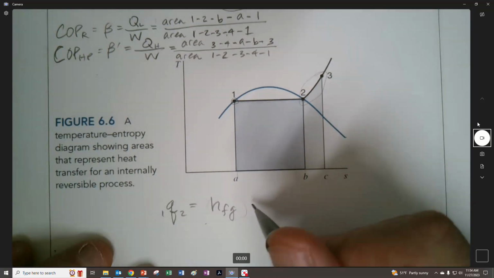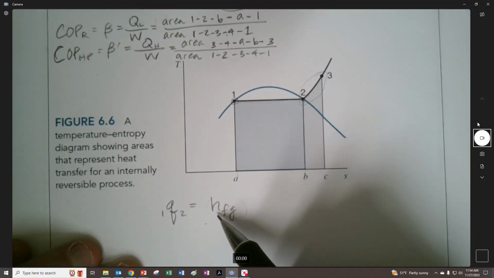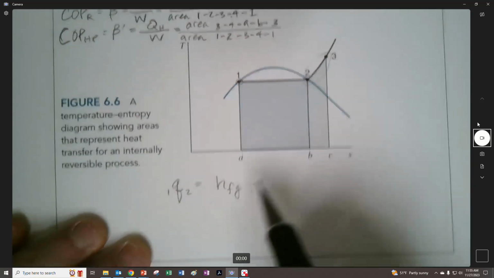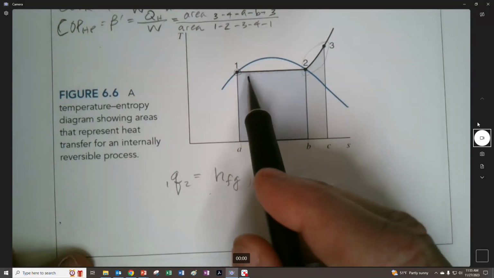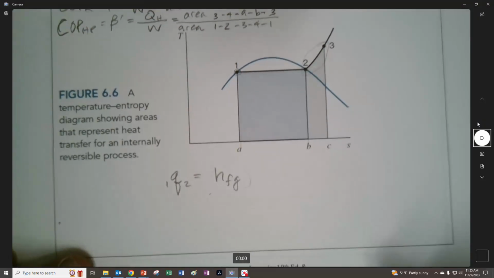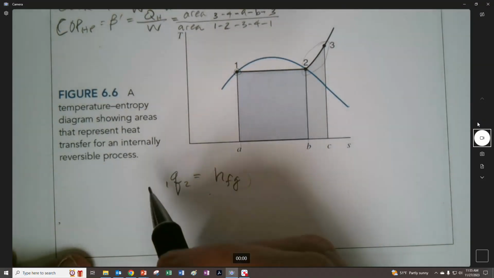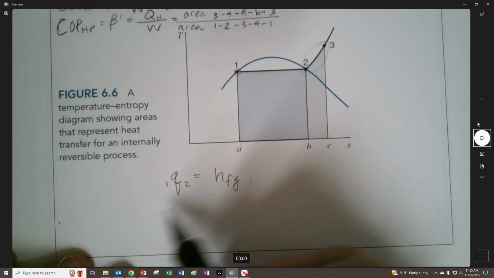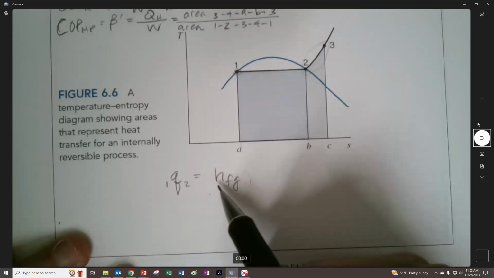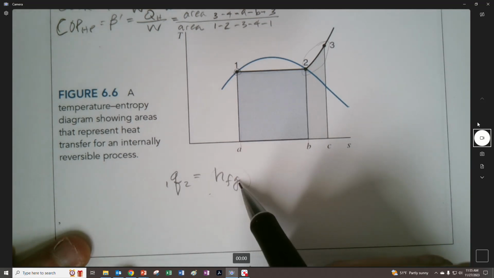And so let's do this as a thought experiment and see what this would be for a given temperature, or pressure, because the pressure and the temperature are both constant as we go across. For my example, which I think I'm using out of the book too, we're going to use 10 megapascals.